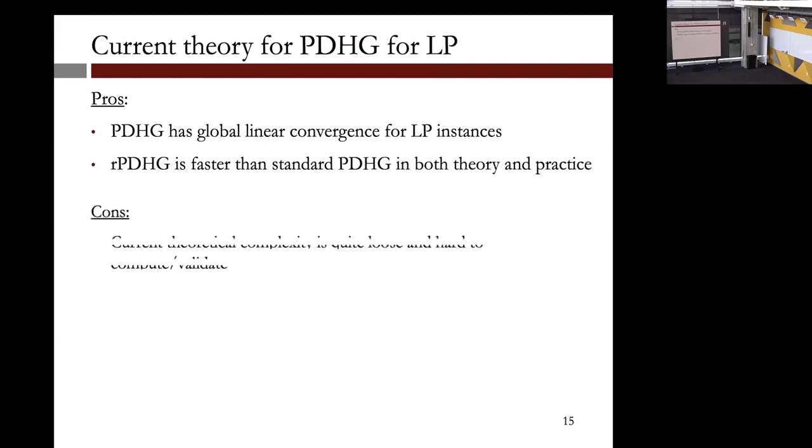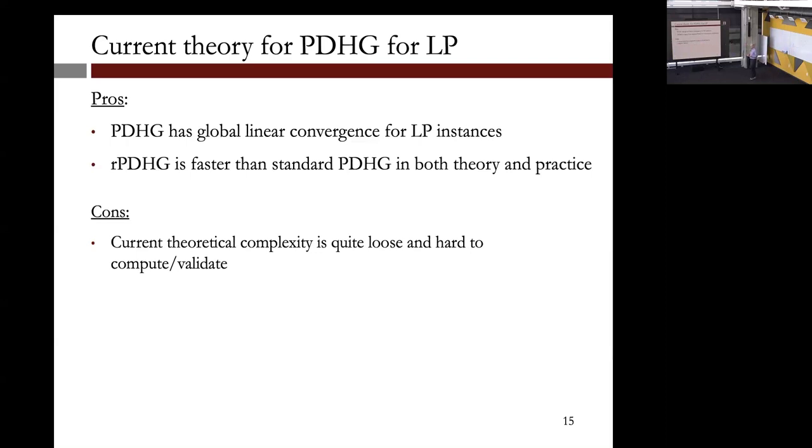So those are the pros. I would say the cons is the current theoretical complexity that I just showed you is kind of loose, and it's also hard to compute and validate. That is, the theory says this normalized duality gap is sharp, but we have no idea how to measure the sharpness.